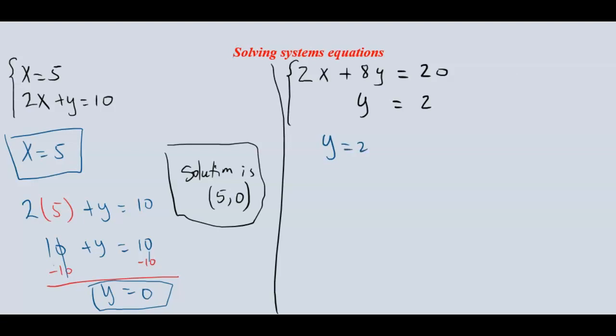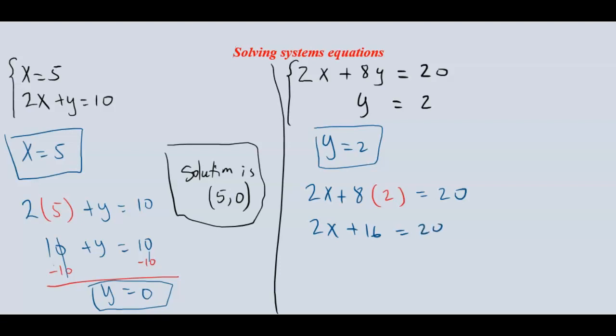Now what we need to do is substitute 2 for y in the first equation. So we're going to have 2x plus 8 times 2 equal 20. So we have 2x, 8 times 2 is 16, equal 20.